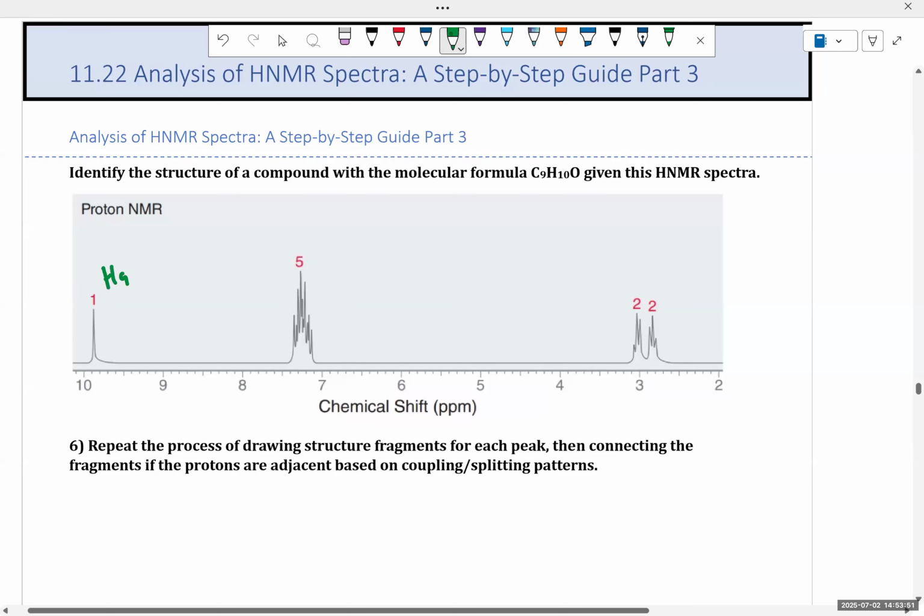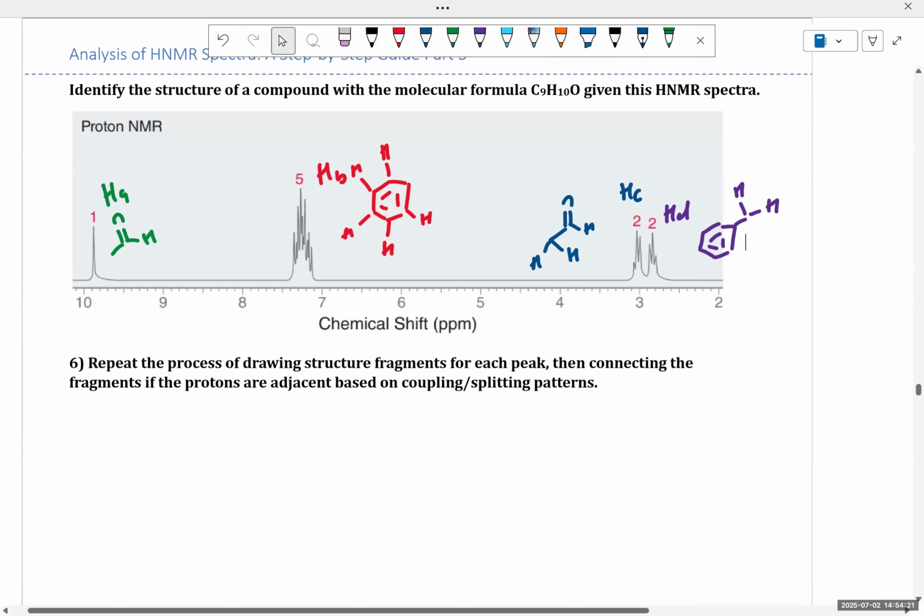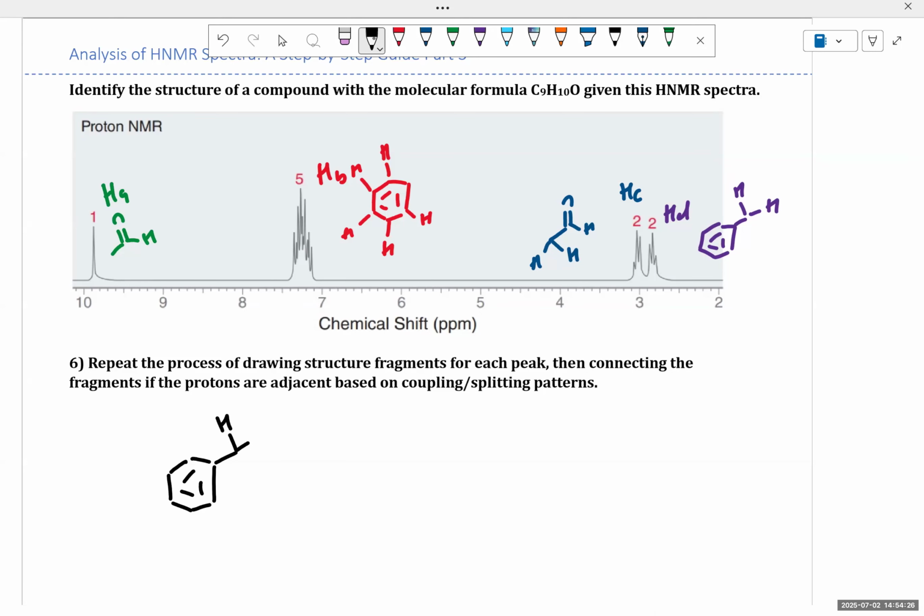So we have proton A for the aldehyde, proton B for our aryl protons, proton C corresponding to the protons adjacent to the aldehyde, and proton set D corresponding to the benzylic protons. Overall, this yields the following structure after we put together our fragments.